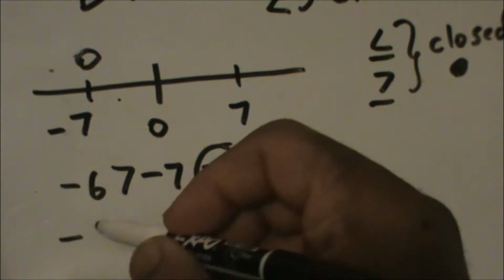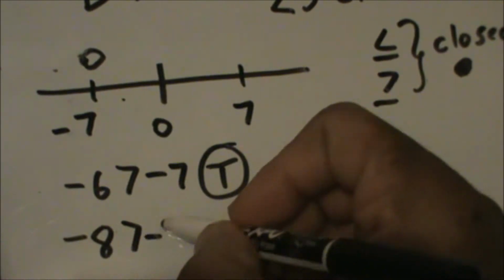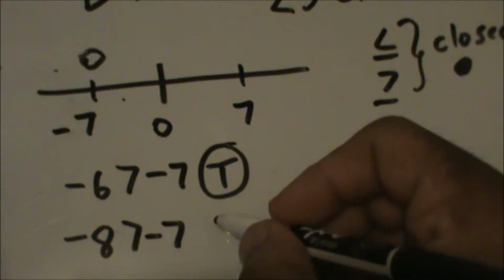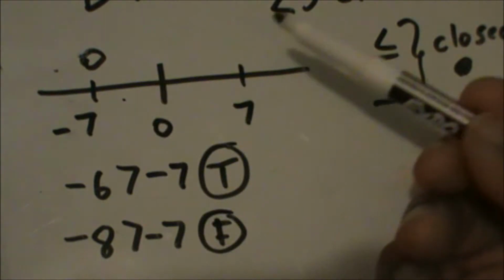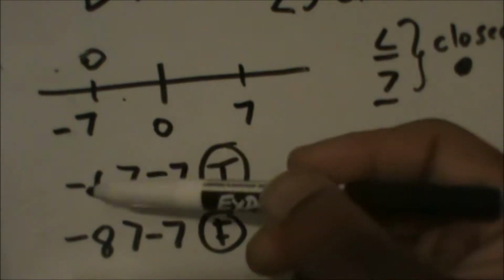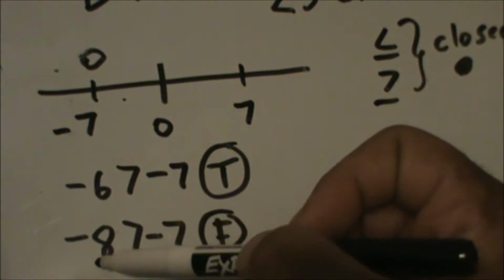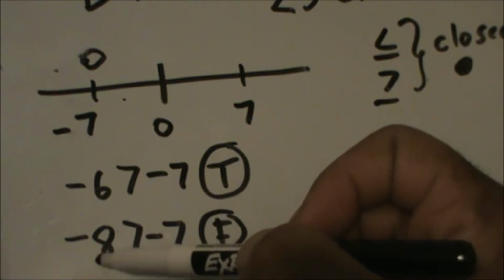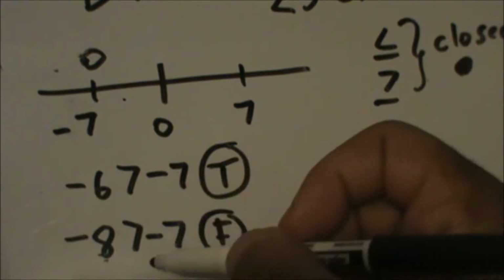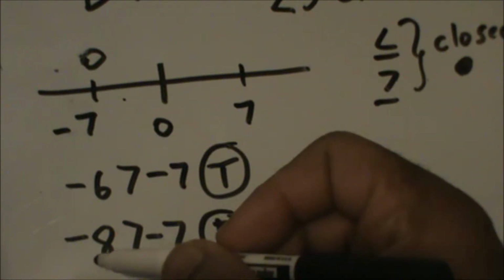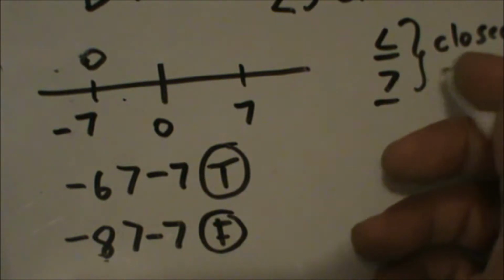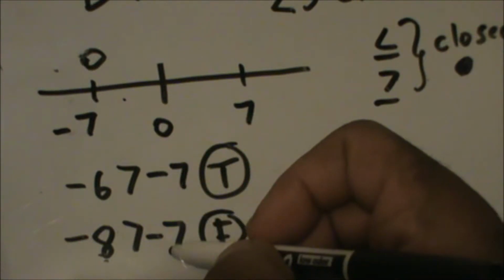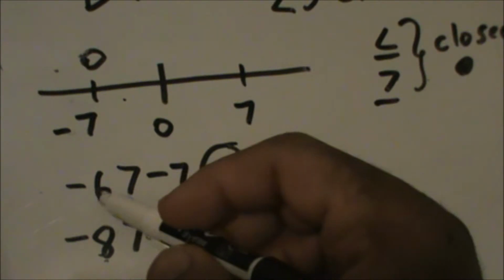Let's go backwards. Is negative 8 greater than negative 7? That's false. We know that because when you look at the number line going to the left, even though the numbers look higher, they are lower in value. So negative 7 is greater than negative 8, but not the other way around. Negative 8 is not greater than negative 7, but negative 6 is.